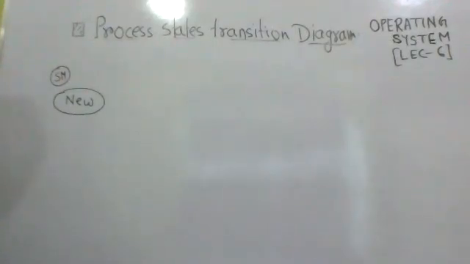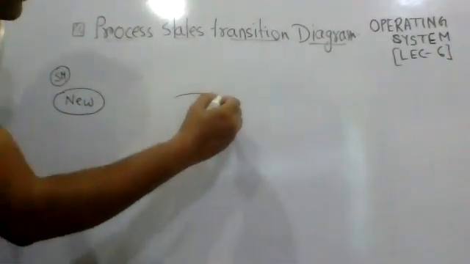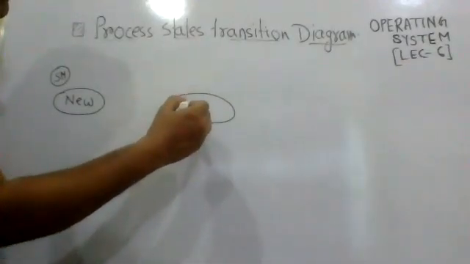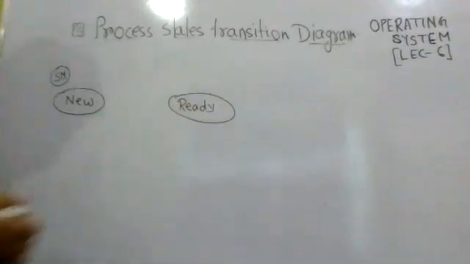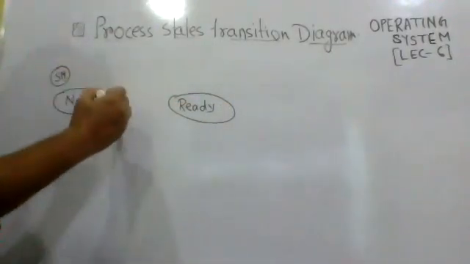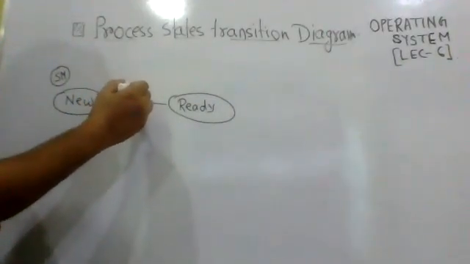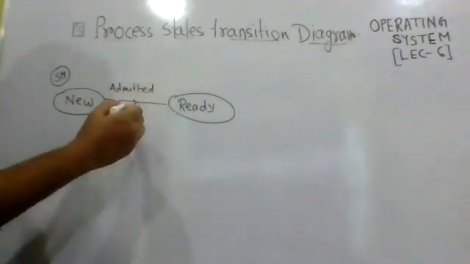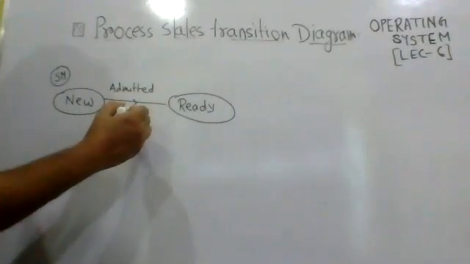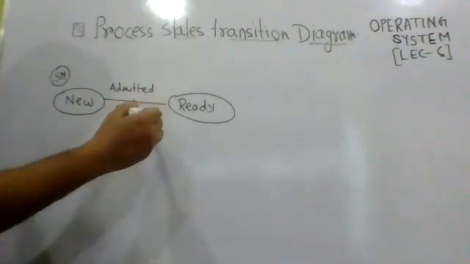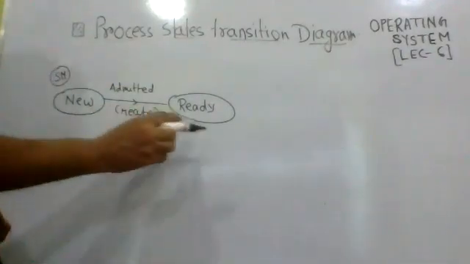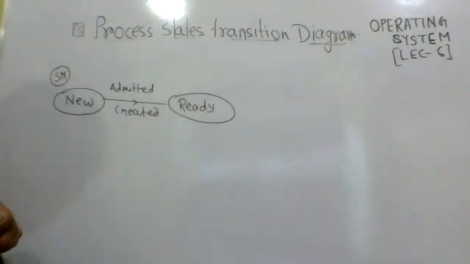After successful creation, we have to admit it into a state called the ready state. This transition is admitted, or we can write created.